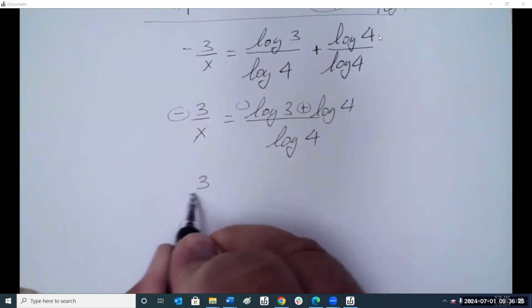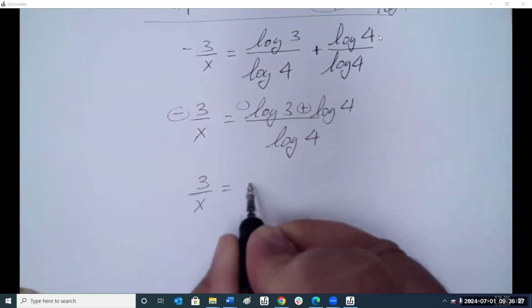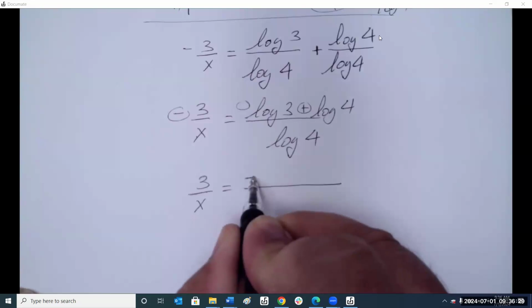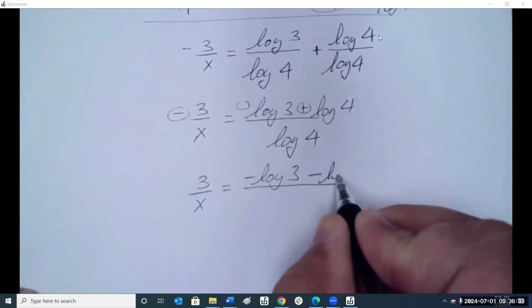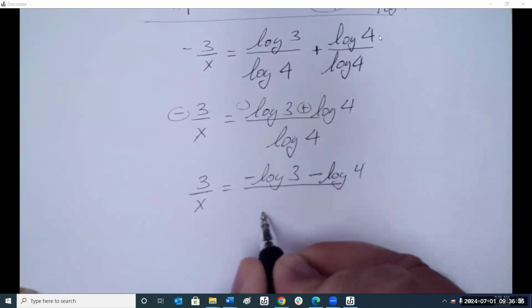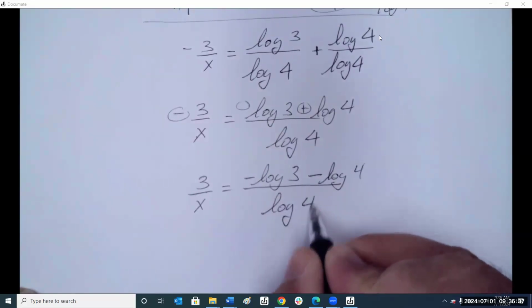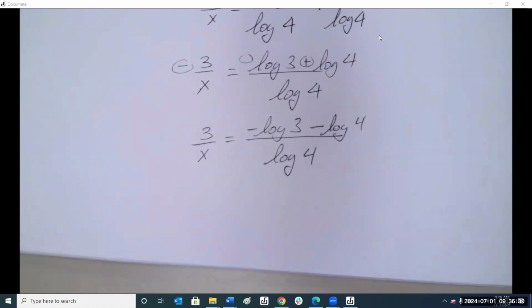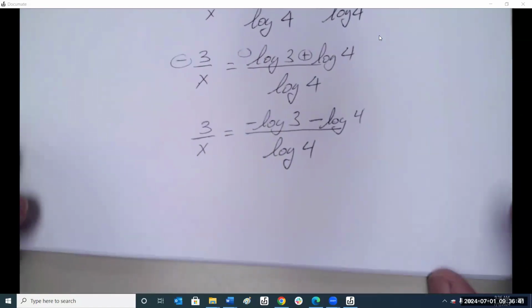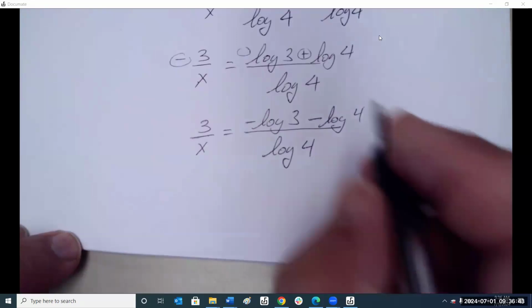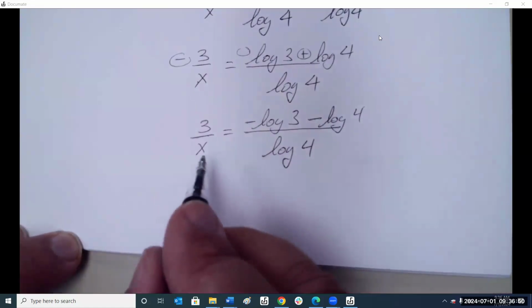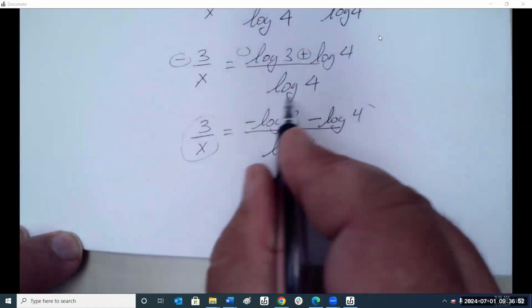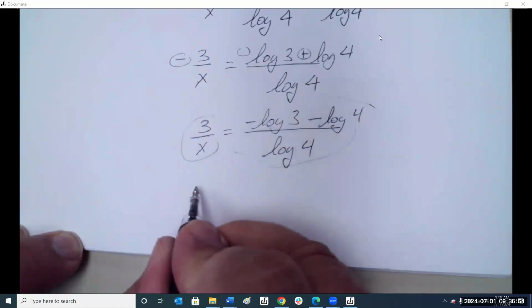So we have positive 3 over x equals negative log 3 minus log 4 over log 4. Now we can flip both of these to get x on top.